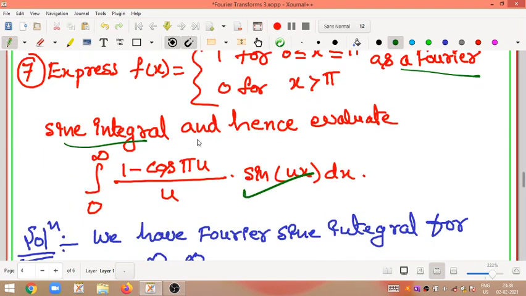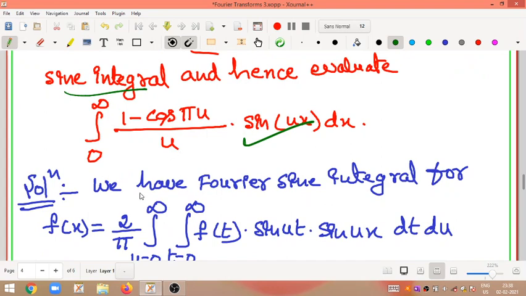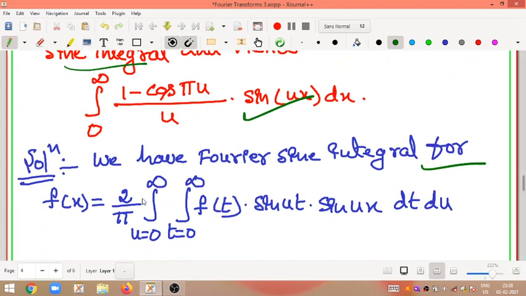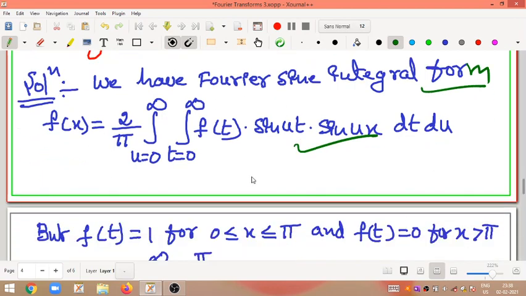See here, a very beautiful question. We have the Fourier sine integral form of f(x) equal to 2/π times the integral from 0 to infinity of f(t) sin ut sin ux dt du.